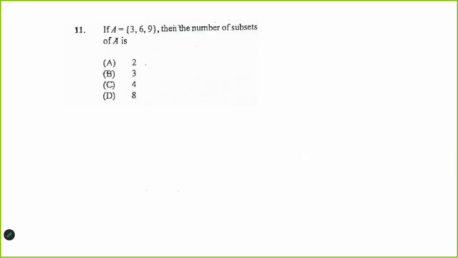Let's look at January 2018. The number of subsets would be 2 to the power 3, which is 2 by 2 by 2. 2 2s are 4, 4 2s are 8, so it is 8.